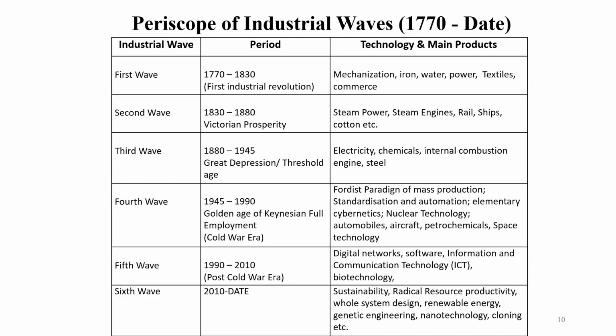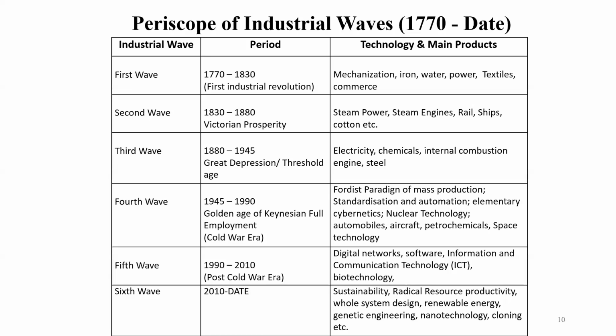Here you have mass production, the same paradigm of mass production, standardization and automation, elementary cybernetics, nuclear technology, automobiles, aircraft, petrochemicals, space technology. All these came about during that phase of the world.